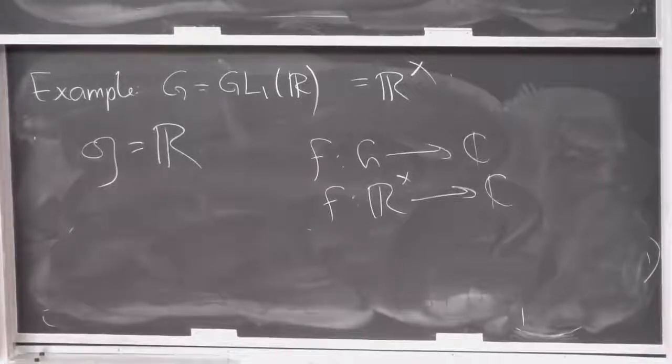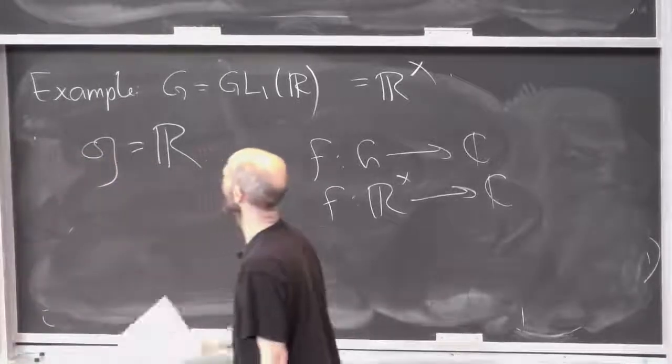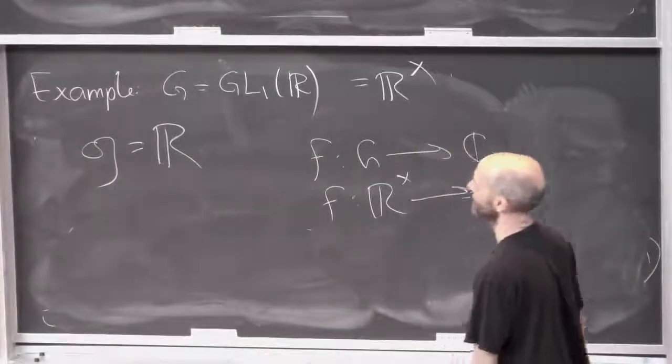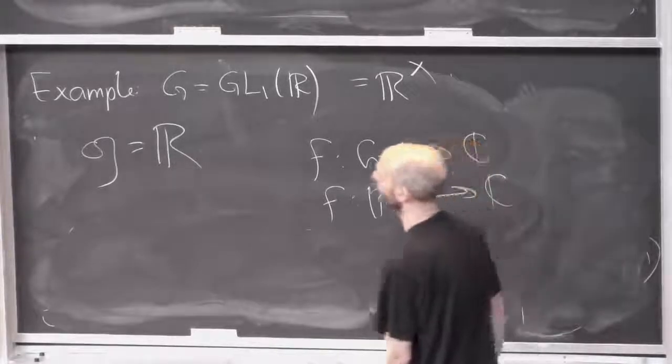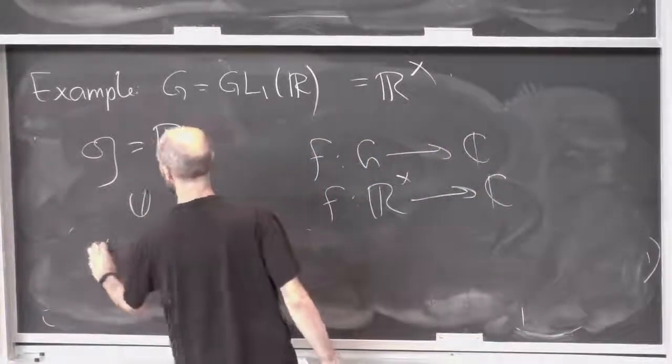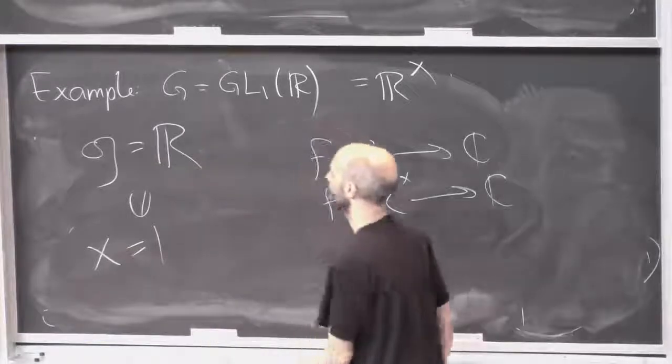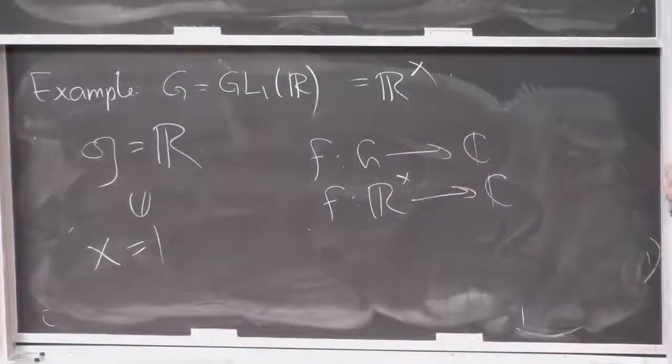And I need to choose an x. I don't think there's any point in choosing a random x, because they're all scalar multiples of each other. So why don't I just choose x equals 1? Because that's the easiest number I know in this context.